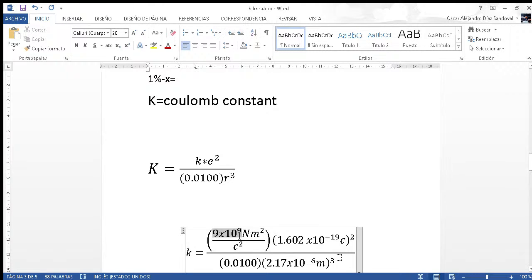This value you can search on Google and you are going to obtain this value.